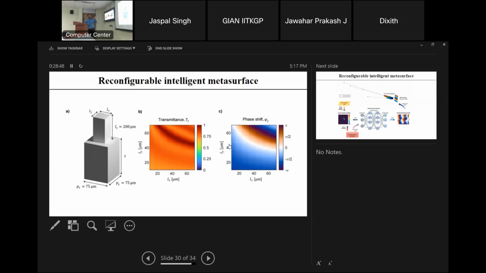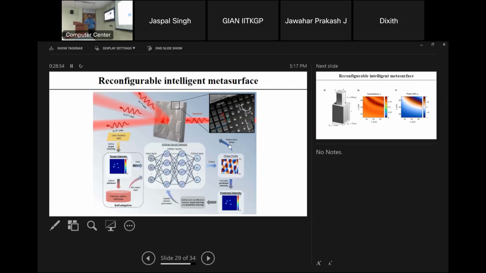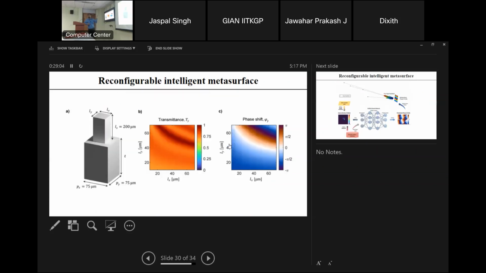And this is the transmittance. What you have to keep in mind is that whenever you design your metasurface, you should not lose your transmission, because that will change your intensity. That's the first thing. The second thing is that you need to have a full 2 pi phase gradient, because then the concept of generalized Huygens, generalized Snell's law comes into the picture.